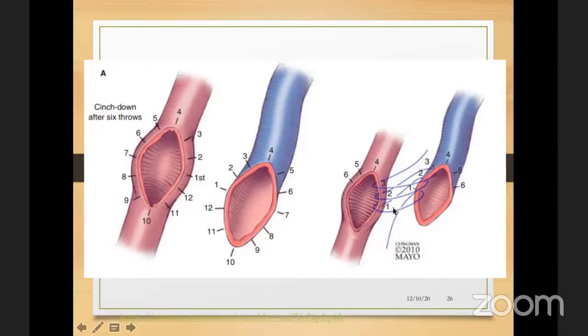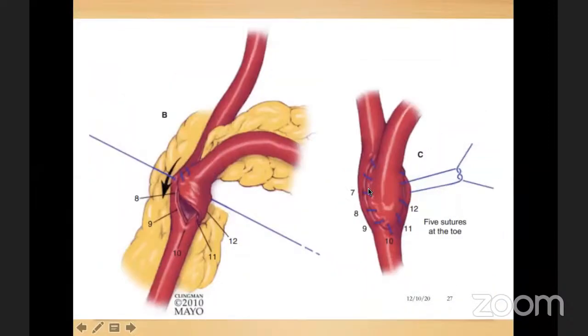And then after 3 or 4 loops, the vein can be approximated to the coronary artery.